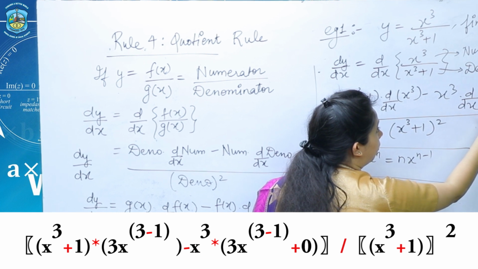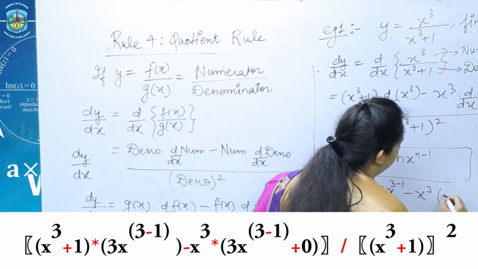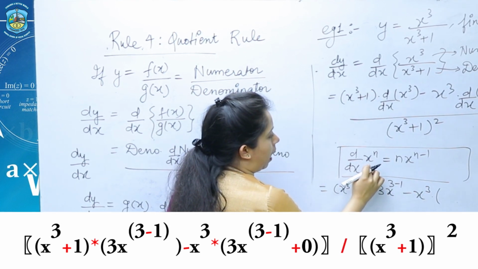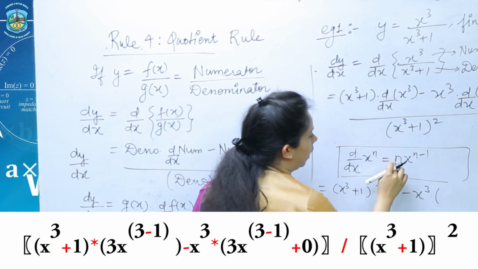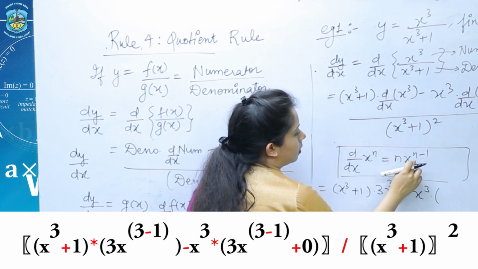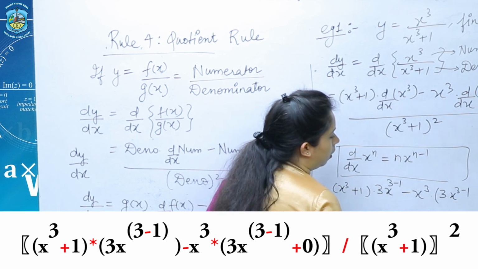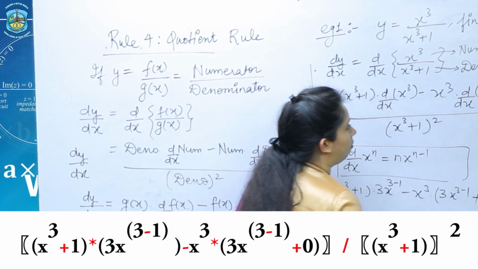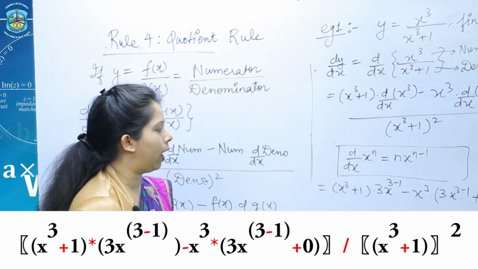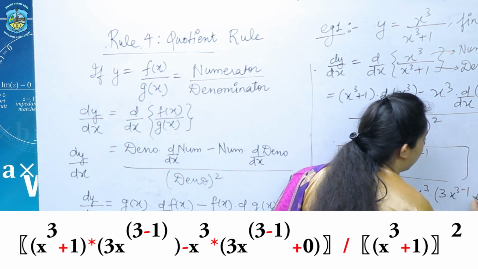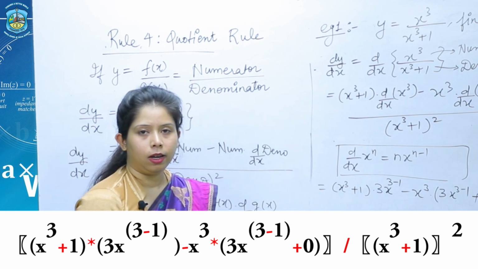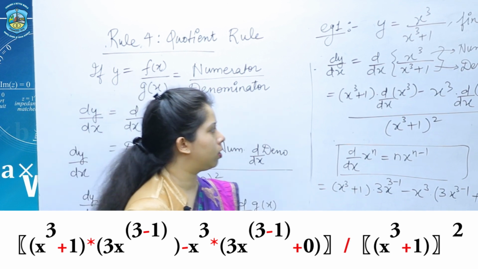Now here we will differentiate x cube plus 1. We will get by this formula, substitute the value of n. Here n is 3. So we will get 3x raised to 3 minus 1, plus differentiation of 1. Differentiation of 1 will give you 0, as we have studied in rule number 1, that is, the derivative of a constant is 0.